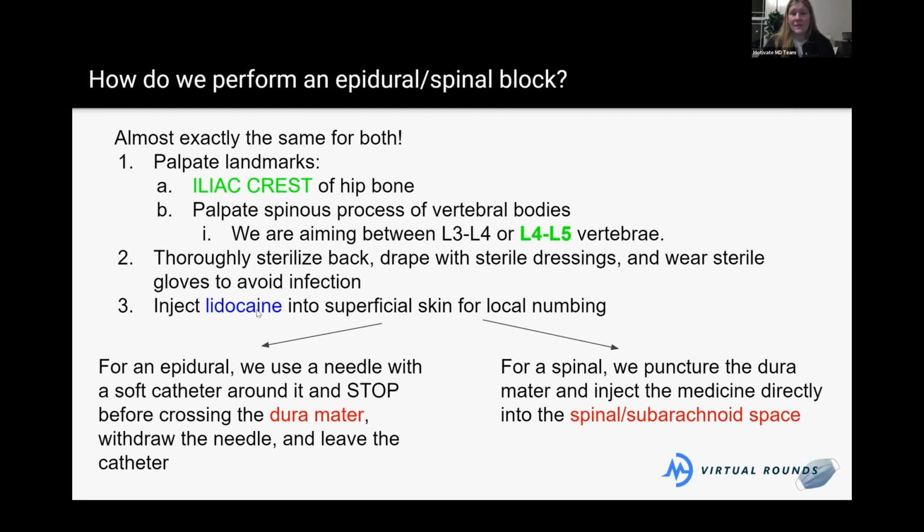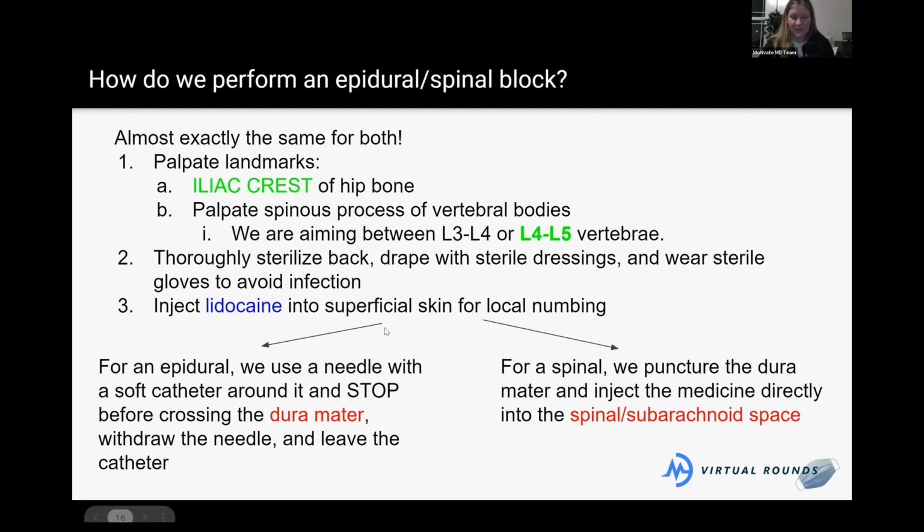For both of them, we also give a little shot of lidocaine to help numb the skin, because as you can imagine, the epidural and the spinal needle is pretty big. If you saw this and thought, oh my gosh, that's going to go into my back, that can really freak patients out, and it obviously can be painful. So it helps to give a tiny dose of lidocaine to numb the skin before we give the big shot.